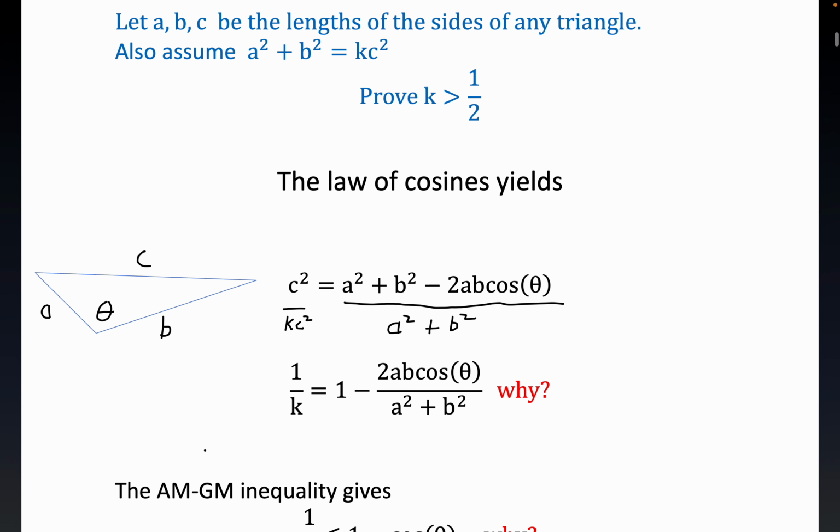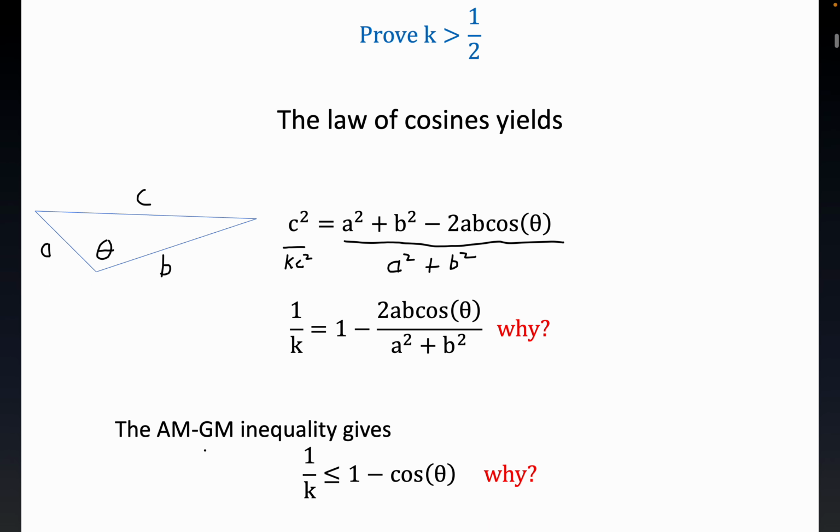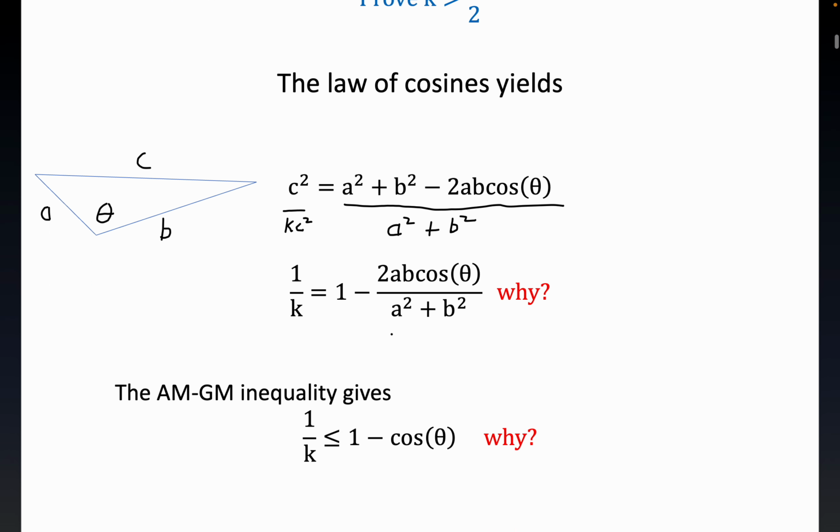Let's move along. Now, something called the AM-GM inequality gets rid of this piece right here, and that should be fairly recognizable. The AM-GM inequality says the arithmetic mean is always greater than or equal to the geometric mean, with equality, of course, when the values are equal.